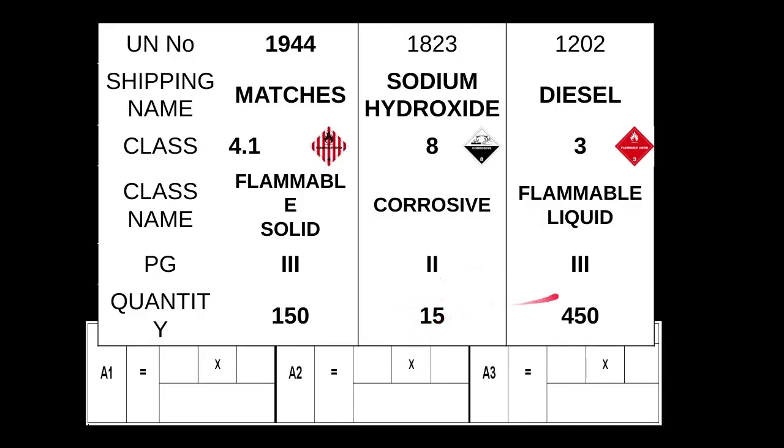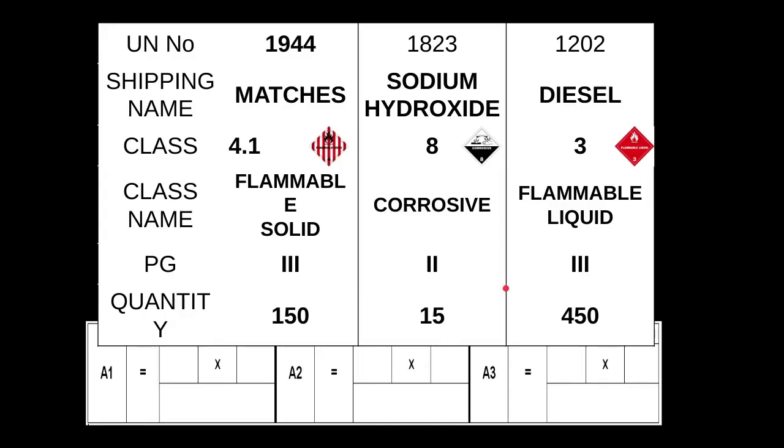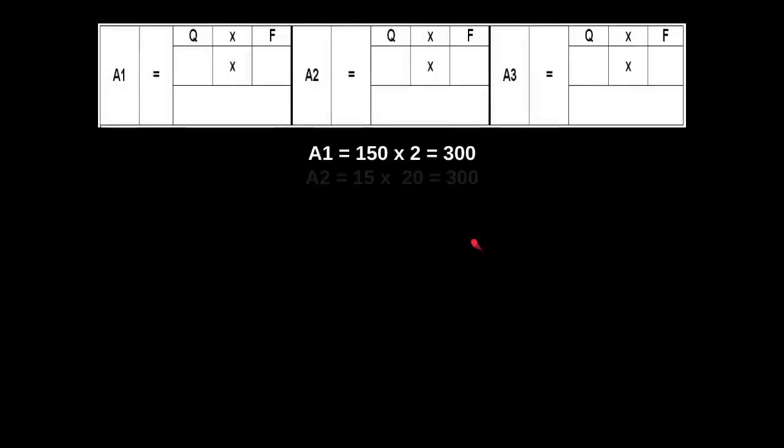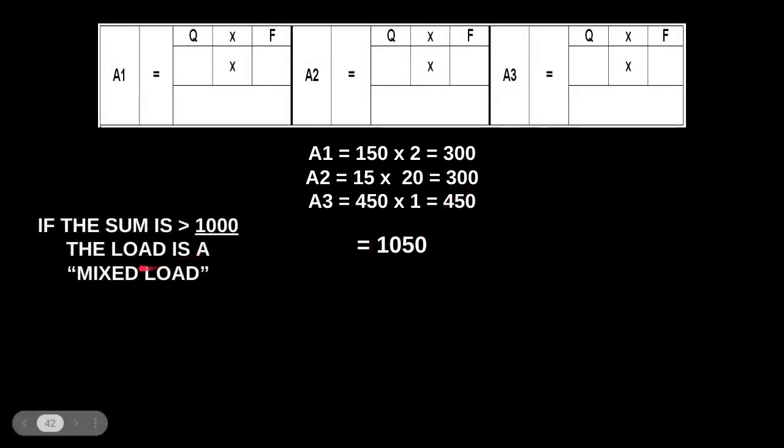We were also given 450 units of diesel with a factor of 1, which means we will multiply 450 by 1. We then get 450. Now, if we add all these numbers together, 300 plus 300 plus 450, we get 1050, which means the load exceeds the 1000 threshold, and is therefore a regulated mixed load.